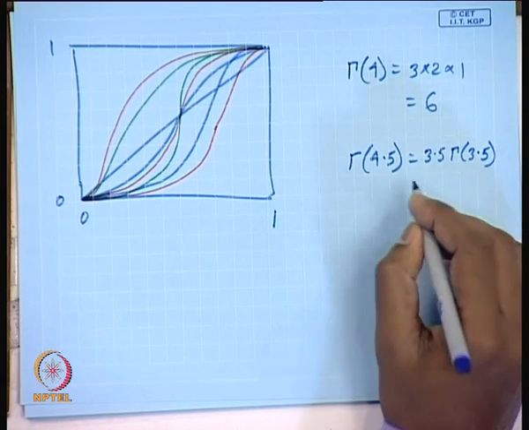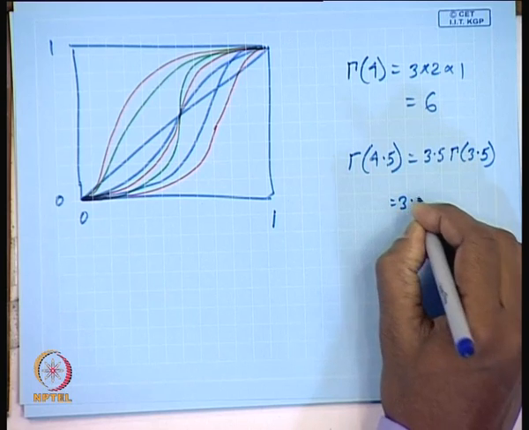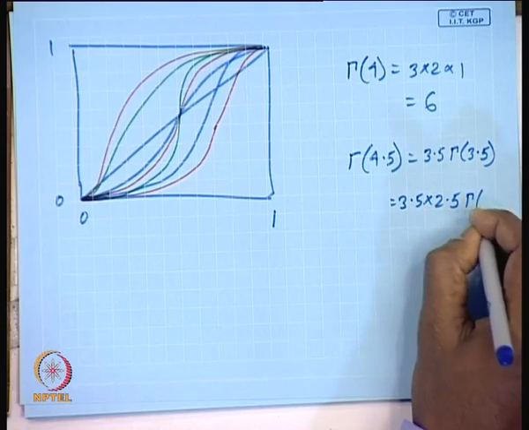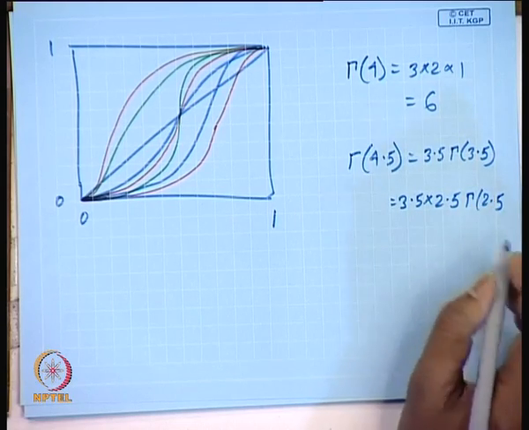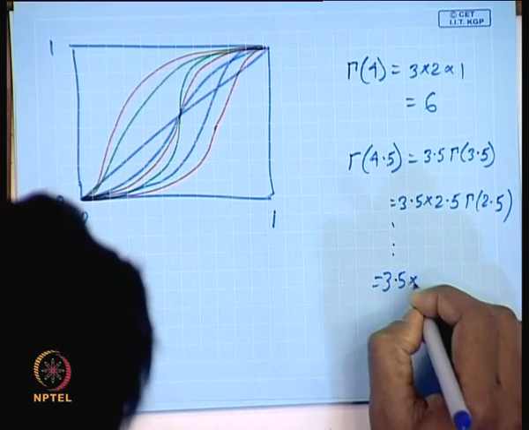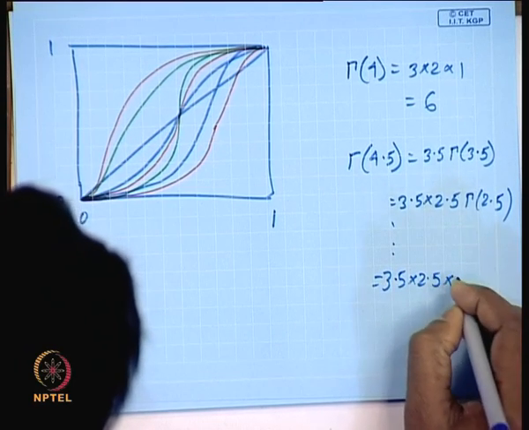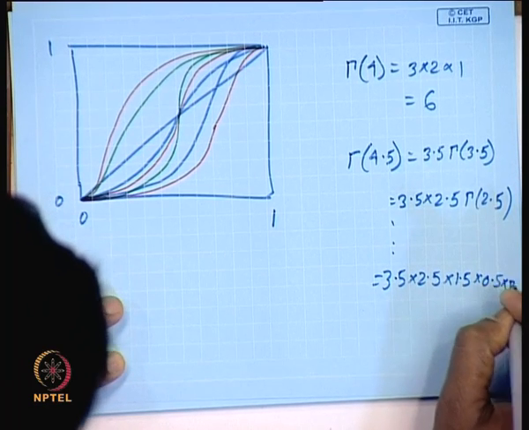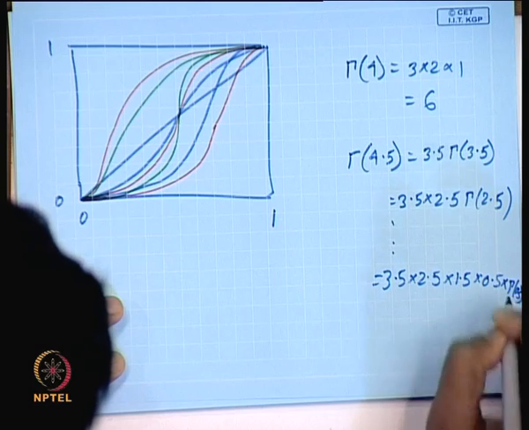Similarly, gamma 3.5 can be written as 3.5 multiplied by 2.5, then gamma 2.5. In this way, you can go on and get 3.5 multiplied by 2.5 multiplied by 1.5 multiplied by 0.5 multiplied by gamma 0.5.